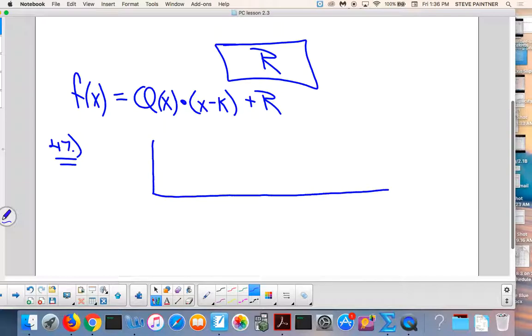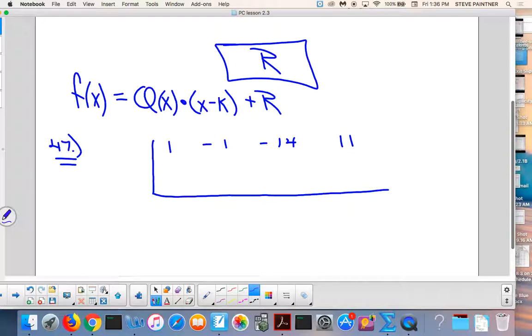Somebody tell me the function that we're dividing into. If you just want to tell me the coefficients, I'd be happy. 1, -1, -14, 11. Yes. Okay. And I'm dividing by what? I think it said k is 4. x minus 4.